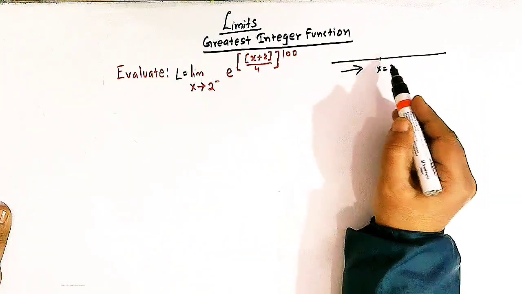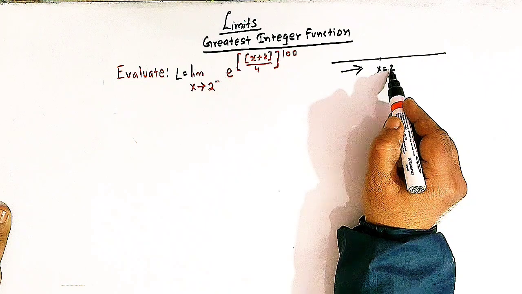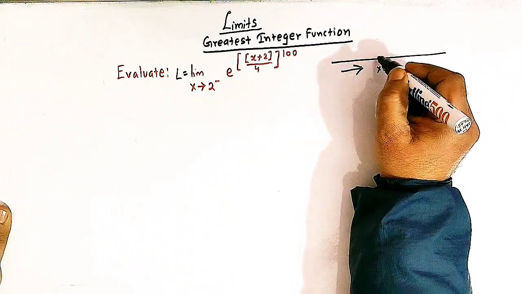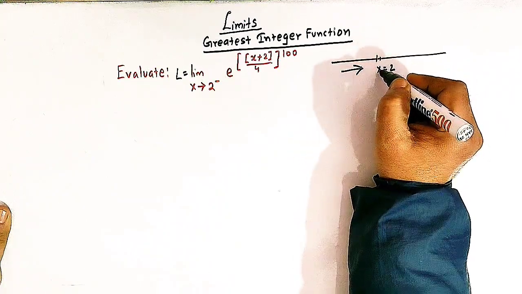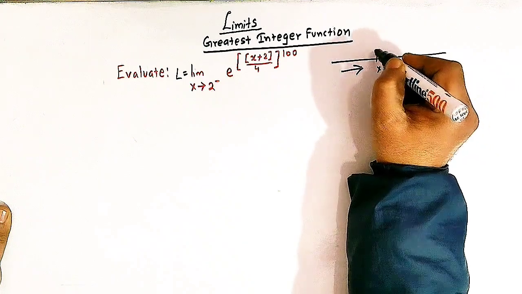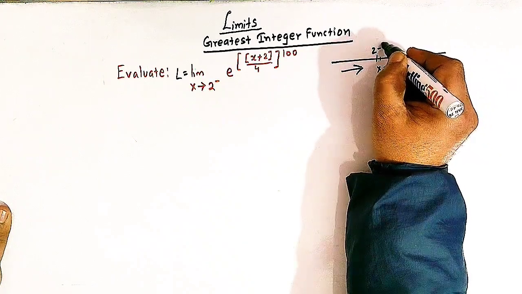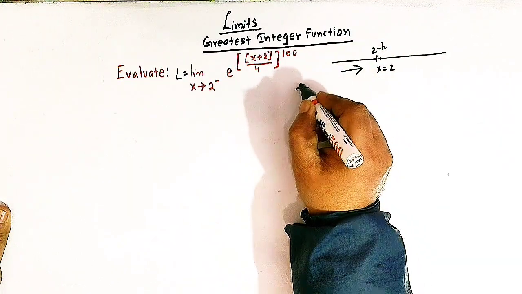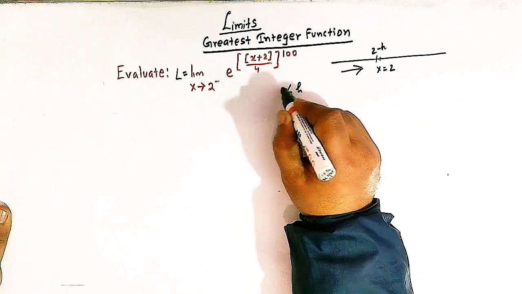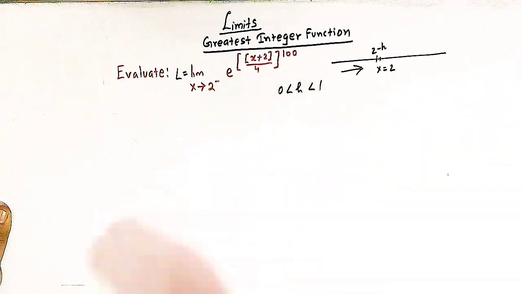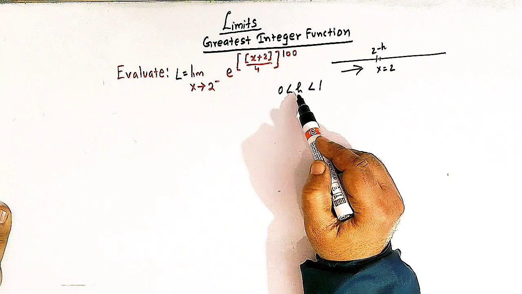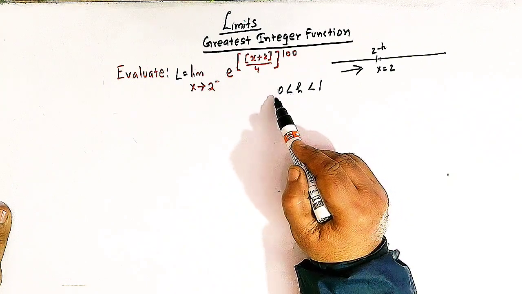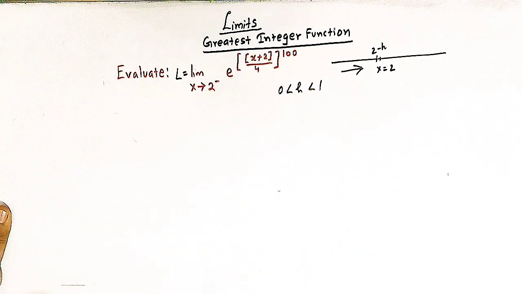So when we approach x is equal to 2 from the left, we are in the neighborhood of x is equal to 2, and this point is 2 minus h, where h is a positive quantity and it is infinitesimally very small, right? And h is very small and it lies between 0 and 1, right?